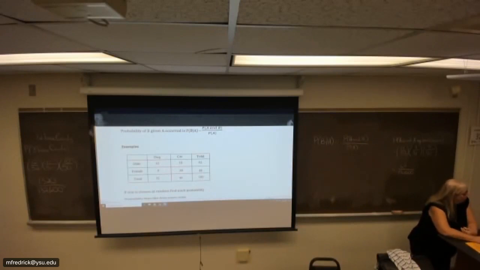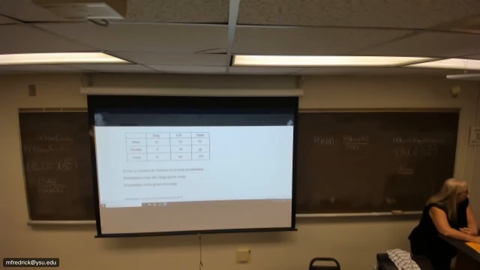There's two ways you can do given probability. I'm going to show you with the formula and then without. So the probability they like dogs given they're a male.